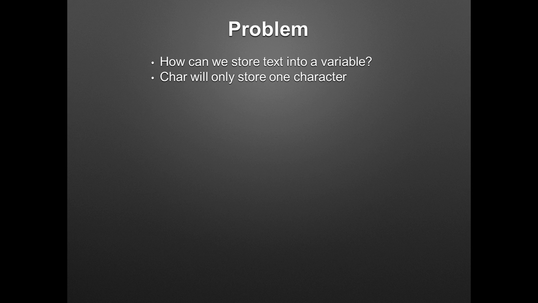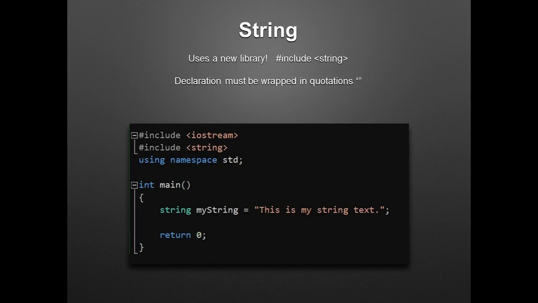Now, we just talked about how you can store a single character into a variable. What about if you want to store an entire series of characters, like a sentence or a name, a username, something like that? You can do that, but not with the char data type. It will only store 1 character. Enter the string. The string was something that was added on to the C++ language because there was a need to store text, but it was using a collection of chars.